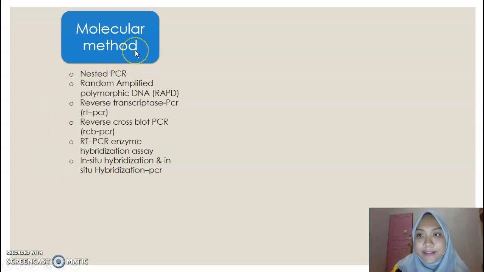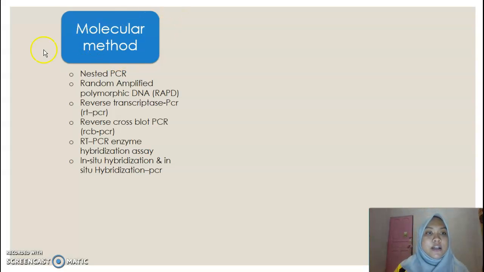Molecular method is a common method that has been used in molecular biology. It is to manipulate the DNA, which generally involves manipulation and analysis of DNA, RNA, lipid, and protein.